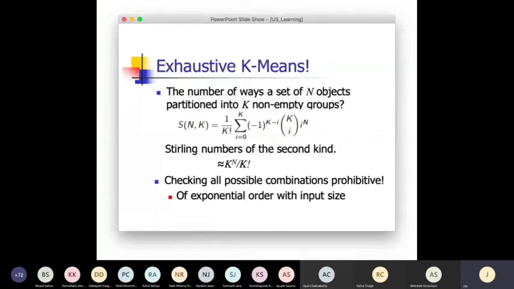But that is prohibitive because it is of exponential order in the input size n. We can also prove that it is an NP-hard problem for k greater than 1. Trivially, if k equals 1, the problem is already solved, since all the points belong to one cluster and there is nothing much to compute.